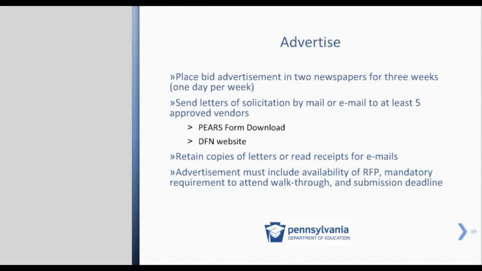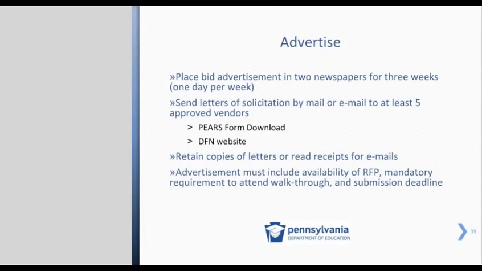Once the RFP is finalized, it needs to be advertised in at least 2 newspapers for at least 3 weeks. This is 1 day each week, and it does not need to be the same day each week. Electronic ads are acceptable. The ad must include the walkthrough date and the submission deadline and how to obtain the RFP.